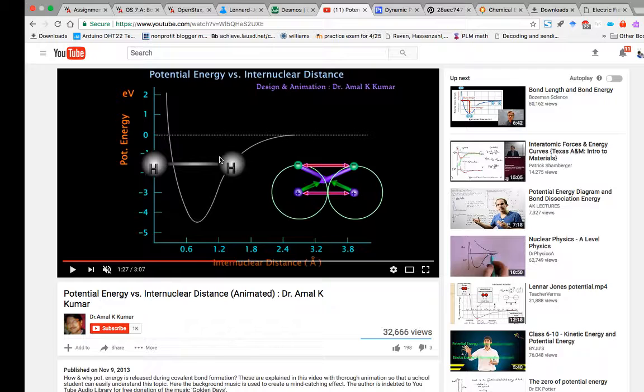What is that attraction? It's the attraction between the nucleus of one of these atoms and the electron of the other atom. Okay? So when those things start to attract and they start coming close to each other, they're going to start speeding up, because the closer they get, the stronger the attraction is.